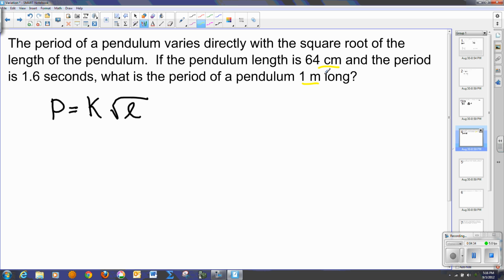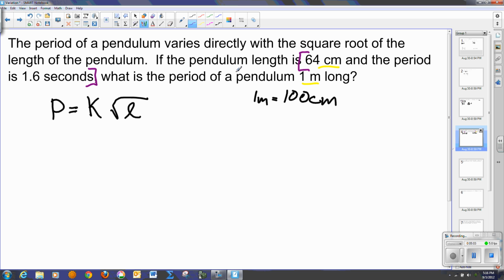It really doesn't matter. I'm going to convert the 1 meter. I know that 1 meter is equal to 100 centimeters. So I'll use that in my problem. So in this situation, once again, we have two pieces of information. We have the first piece of information saying, here's our length and our time.